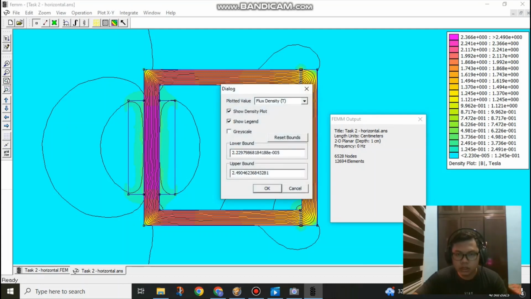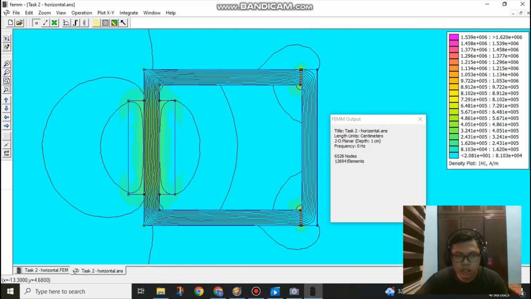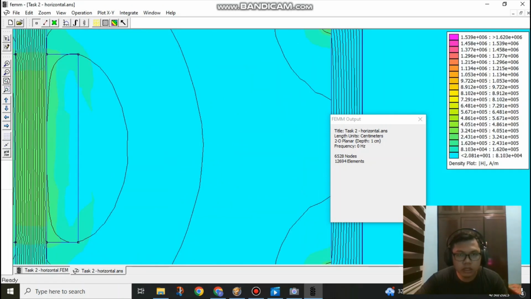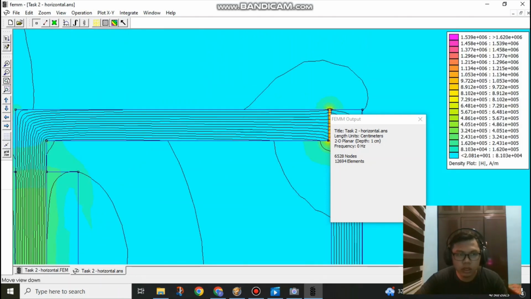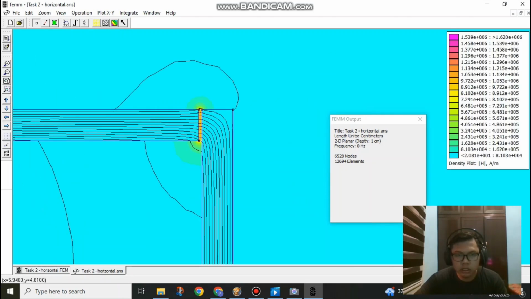If we change it to field intensity, you can see that the field intensity is highest at the air gap between the C core and I core. This is because the air gap acts as an obstacle for the magnetic field, making it the highest, which magnetically attracts the I core to the C core.